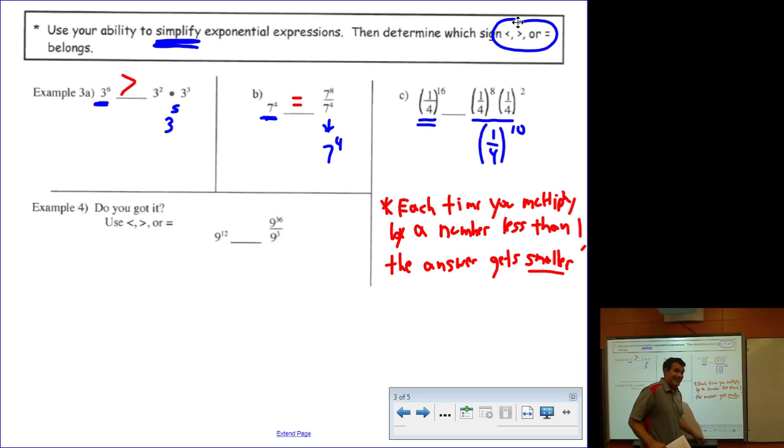Yeah. Each time you multiply by a fraction, did you realize the number gets smaller?